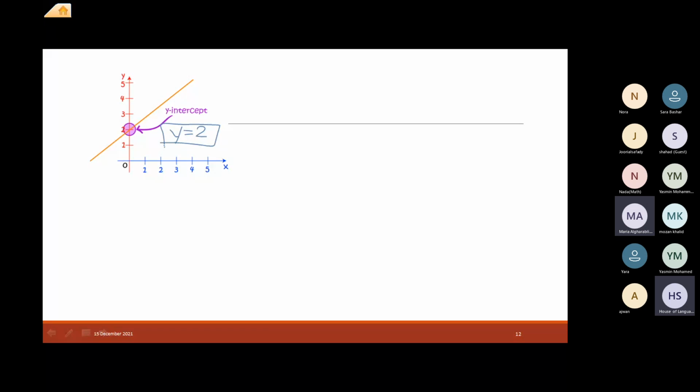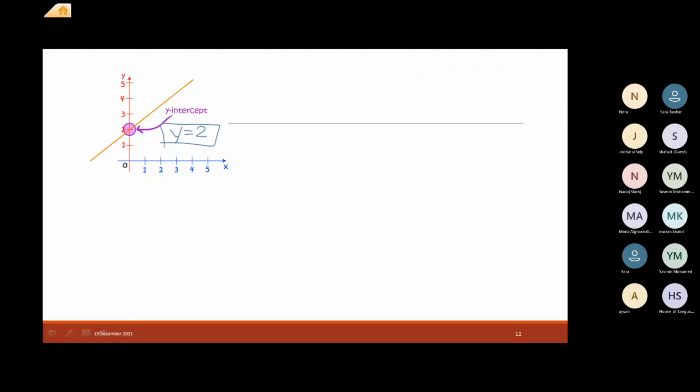But teacher, if you want to get the answer of Y, it's going to be 2. So is Y the intercept without even knowing if it's on the line? Sorry, I didn't understand.